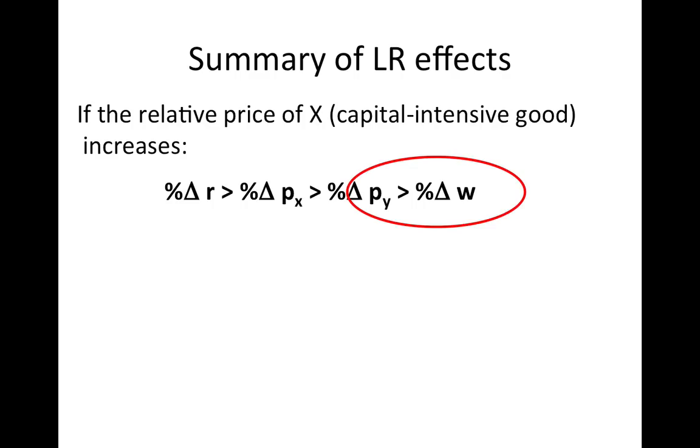Labor's income falls even faster than the price of Y might be falling. They can buy less Y and less X.